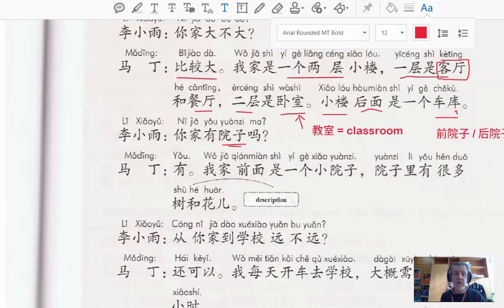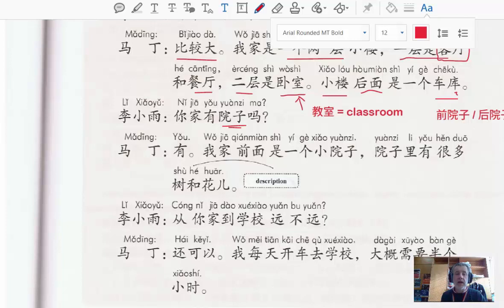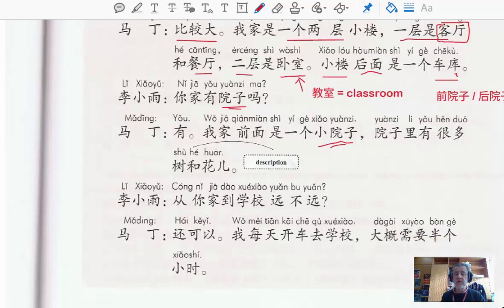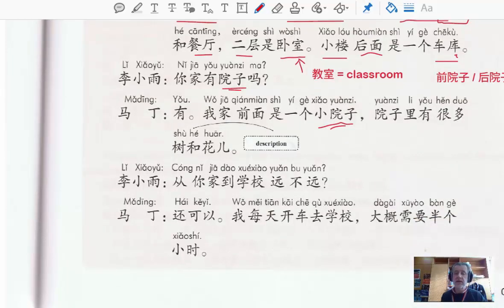Okay, 前院子, 后院子. And Martin says 有, 我家前面是一个小院子. Okay, so there's a small yard in the front. 院子里有很多树和花. So again, I think that's fairly straightforward for you guys. So in the yard, there are a lot of 树, trees, and 花, flowers.